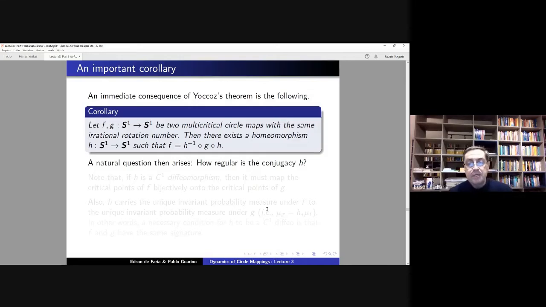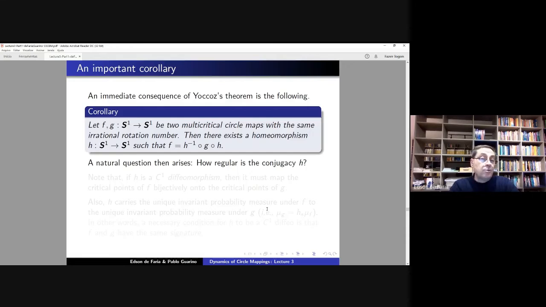Remember the corresponding problem for diffeomorphisms that we discussed in lecture number 2. The answer depended on the Diophantine nature of the rotation number and so on and so forth. Here, there's no such dependence. The results that are known about this show that there's no dependence.